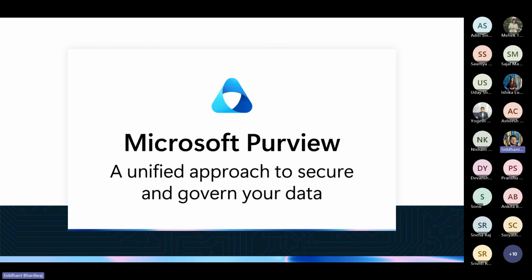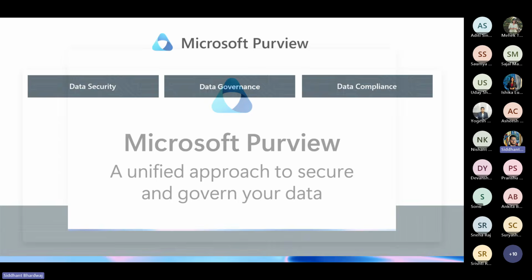Microsoft Purview is a unified approach to secure and govern our data.